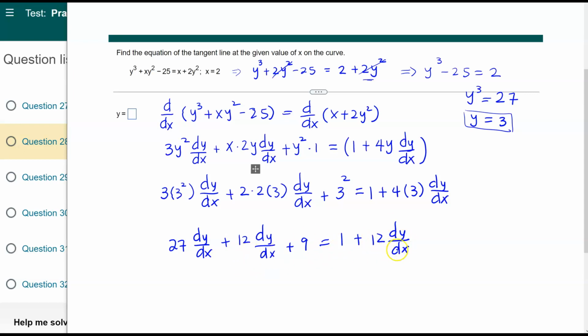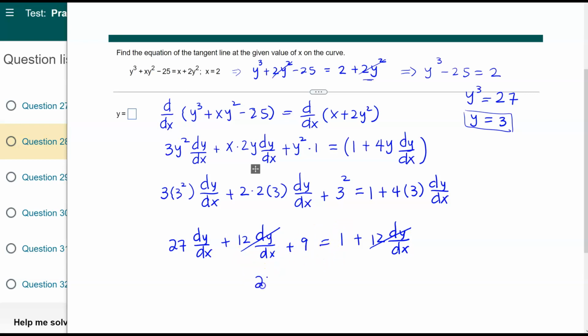These 2 cancel. That cancels. So therefore, if you subtract both sides by 12 dy dx, those 2 will cancel. Then you can move this to the other side of the equation. You subtract 9 on both sides.